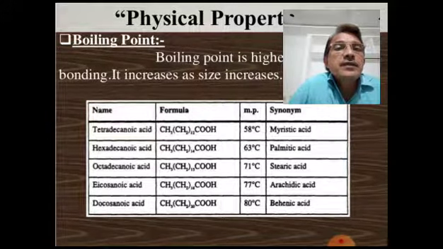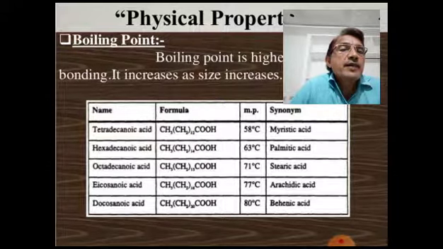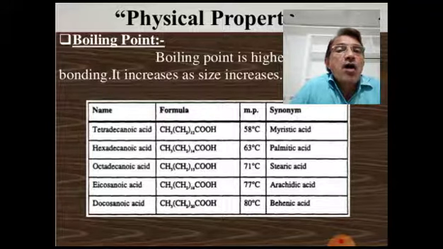In this chart, different carboxylic acids are given, with their formulae, their melting points, and synonyms. Tetradecanoic acid, 58 degrees centigrade, myristic acid. Hexadecanoic acid, 63 degrees centigrade. Octadecanoic acid, 71 degrees centigrade, stearic acid. Icosanoic acid, arachidic acid, 77 degrees centigrade.